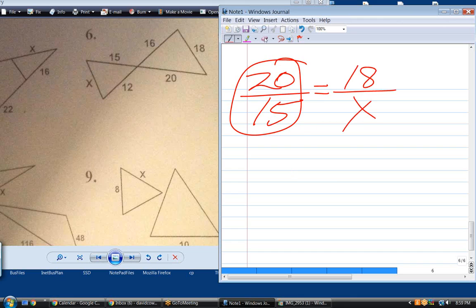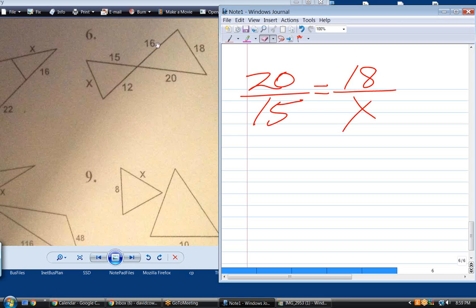There you go. Notice that now I have compared the corresponding side of one triangle to another triangle equals this corresponding side to this corresponding side. Could you do 16 over 12 as well?